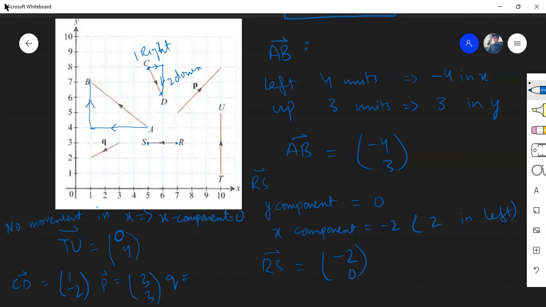Shabash. And what's Q? Q is (-2, -1). -2 and -1 is correct.